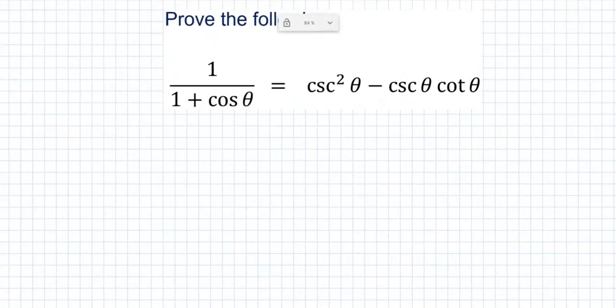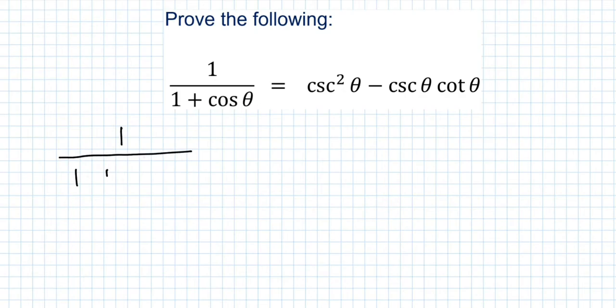So we can rewrite this as, left side we're not going to touch because it's already in cosine. So we'll go 1 over 1 plus cosine theta. That's equal to, now for cosecant we said that was 1 over sine. So that means cosecant squared theta is simply 1 over sine squared theta.